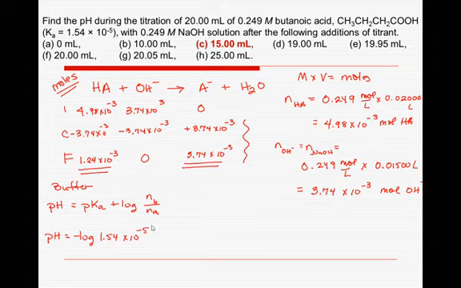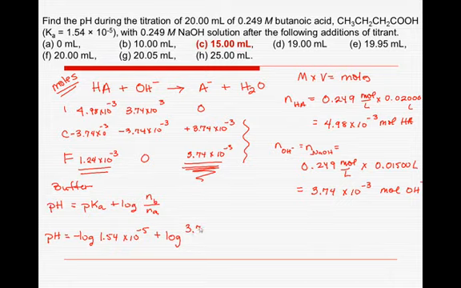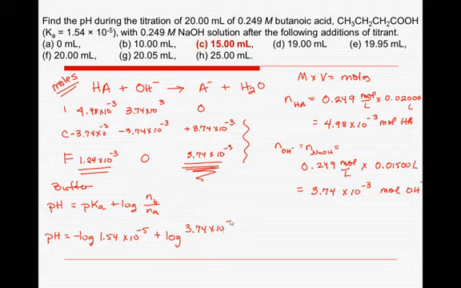That part is the same as in part B, plus the log of the number of moles of the base. That is this value here, so that would be on top, 3.74 times 10 to the minus 3, and 1.24 times 10 to the minus 3 is on the bottom.